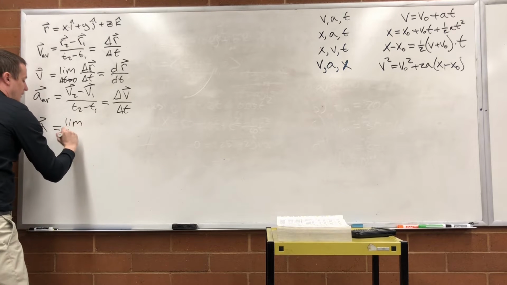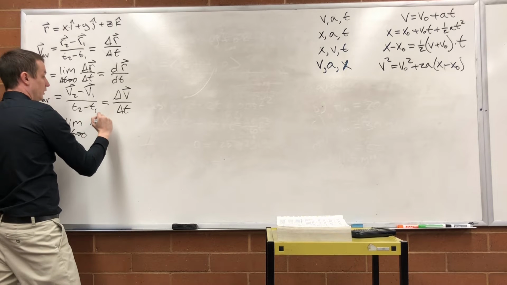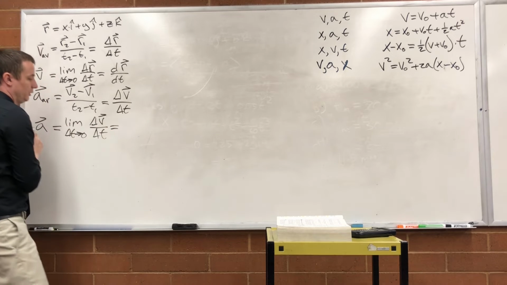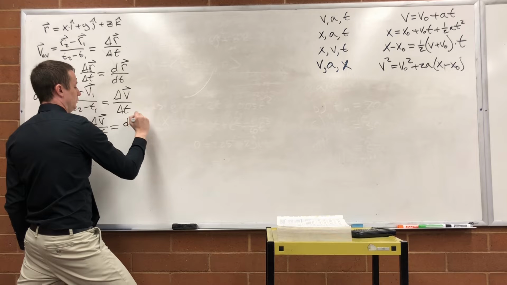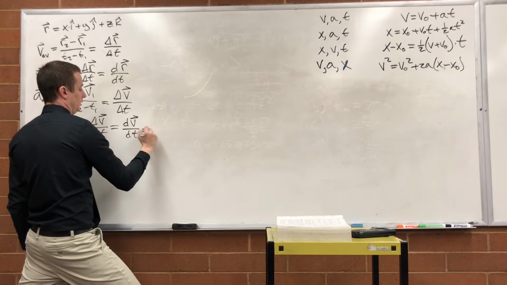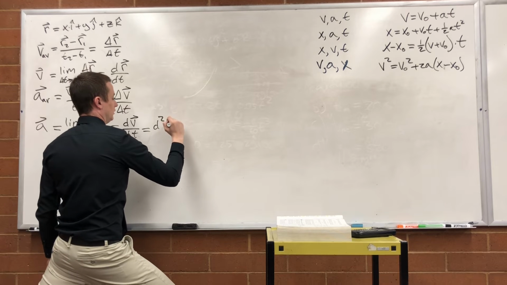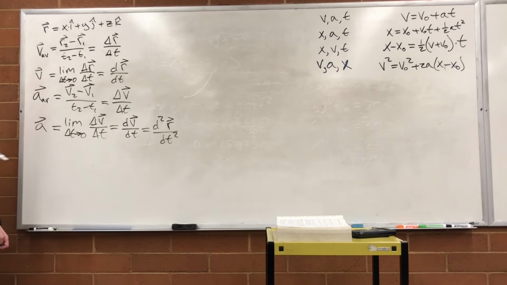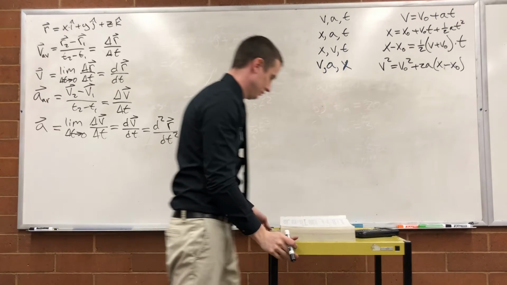It's going to be the limit as delta t approaches 0 of your change in your velocity vectors over your change in time, which is the same thing as dv/dt, which is the same thing as the second derivative of your position vector with respect to time. Almost identical, just weirder, more confusing looking notation.